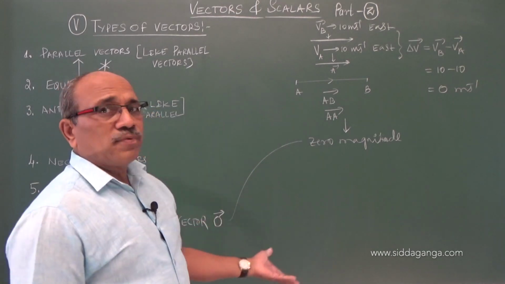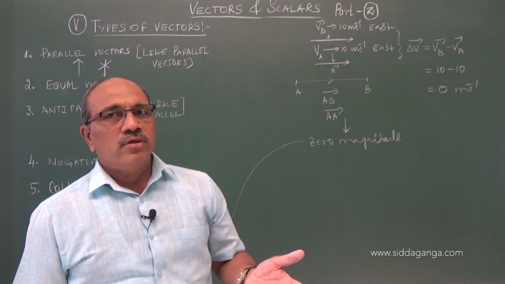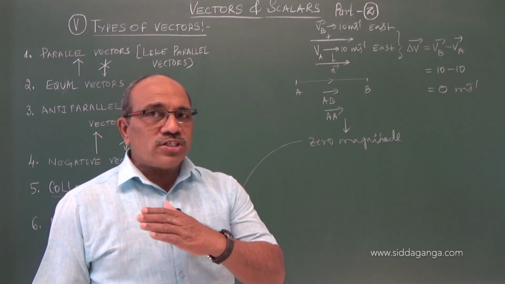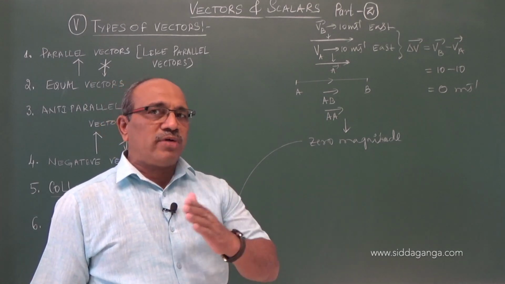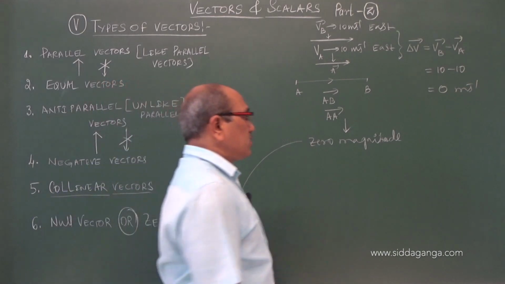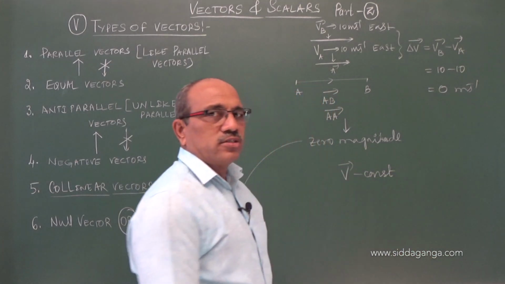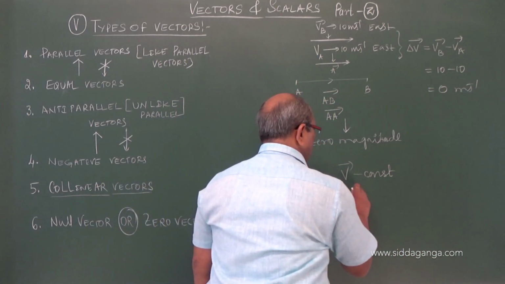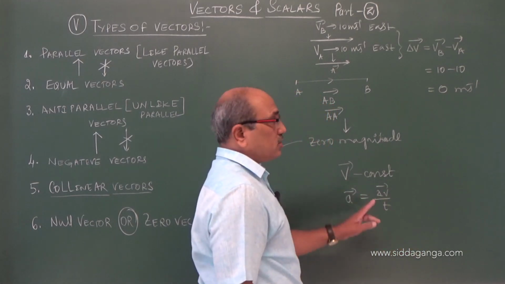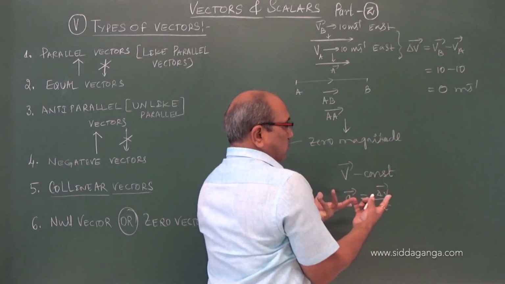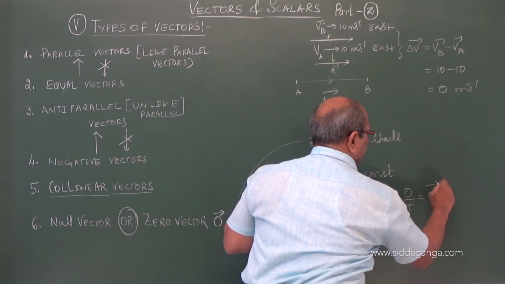Let me give another example. You studied in high school about velocity and acceleration. When a body is moving with a constant speed, constant velocity, then its direction is not changing, magnitude is not changing. Then if velocity is constant, acceleration is change in velocity by time. I hope you have studied change in velocity. When no change in magnitude, that becomes 0 by anything, which is a 0 vector.